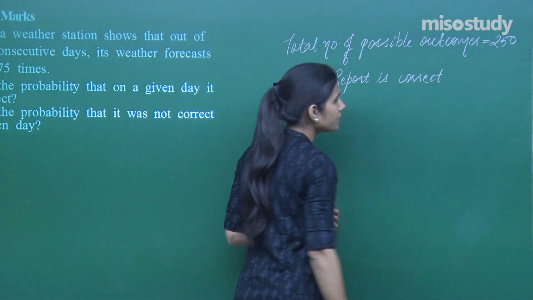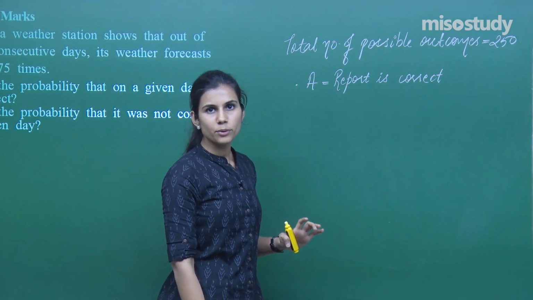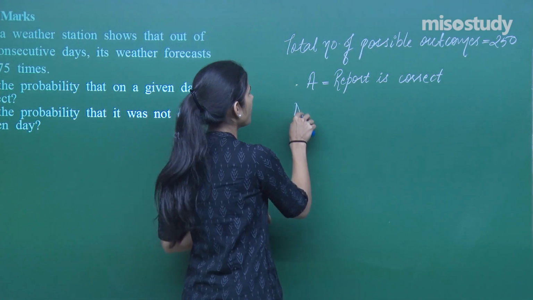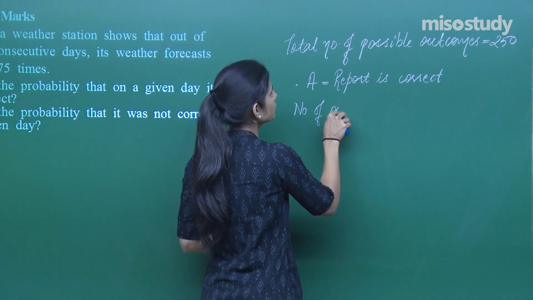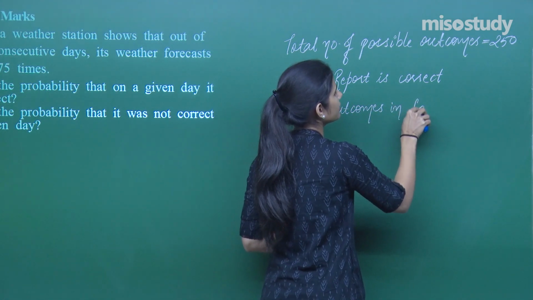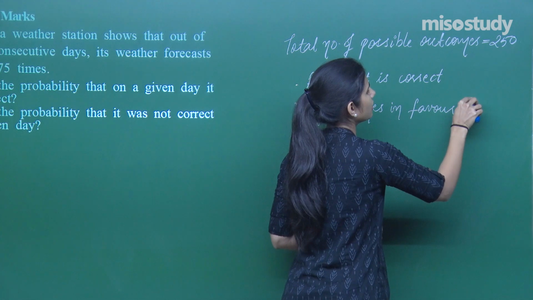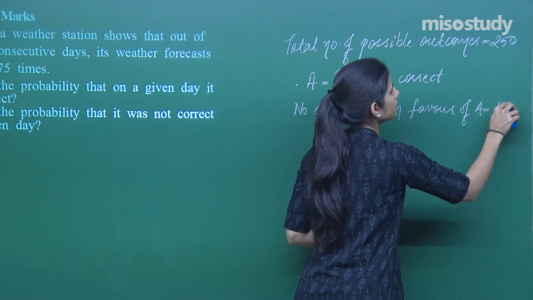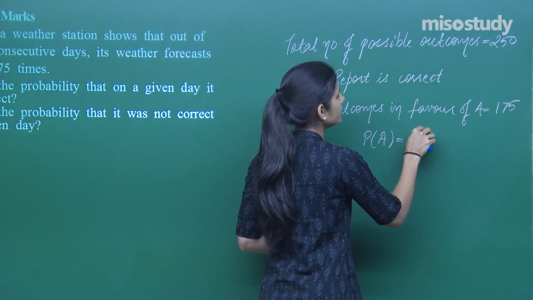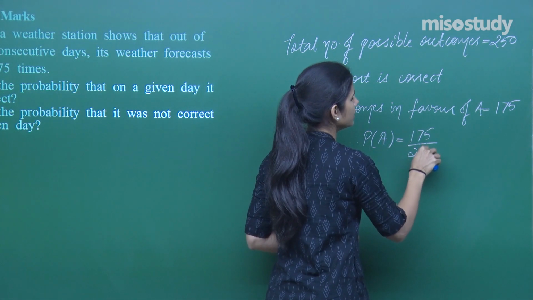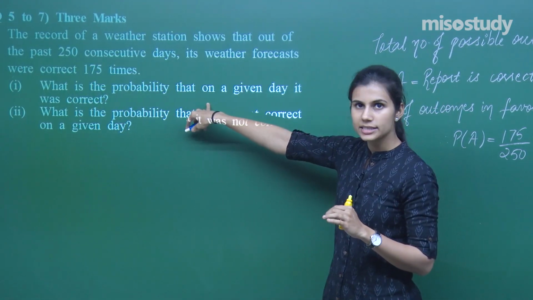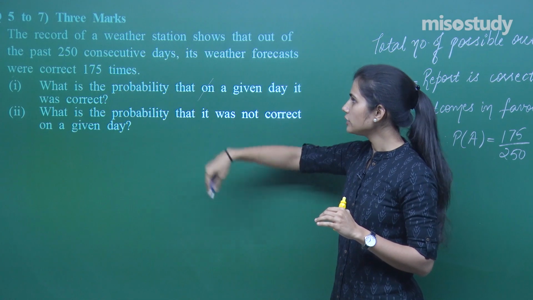Out of 250 reports, 175 results are favoring A. So the number of outcomes in favor of A is 175, and therefore the probability of A is 175 by 250. A is that on a given date the report is correct. So we have found the probability of the first case.